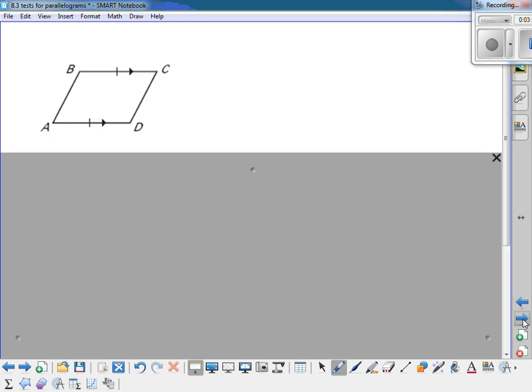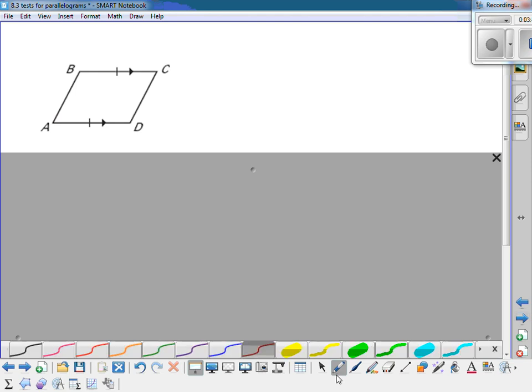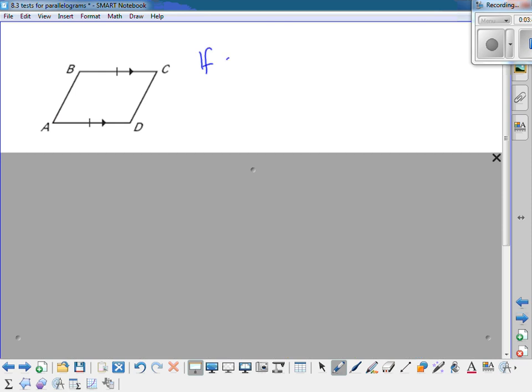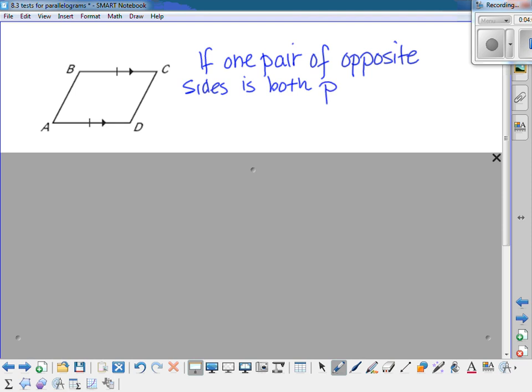Okay, and a couple more properties. If one pair of opposite sides is both parallel and congruent, then it's a parallelogram.